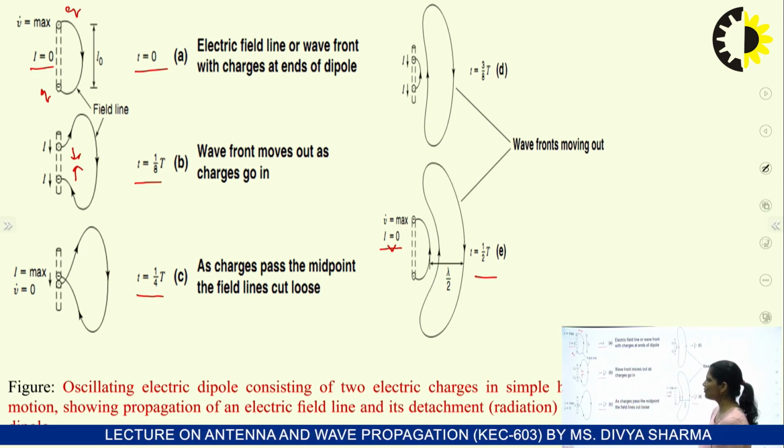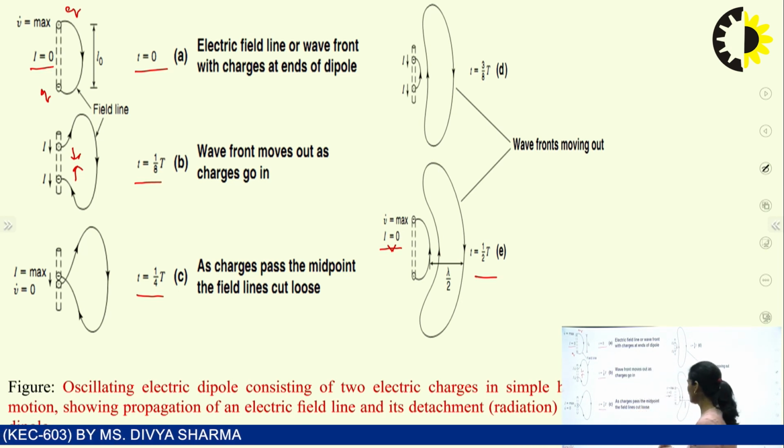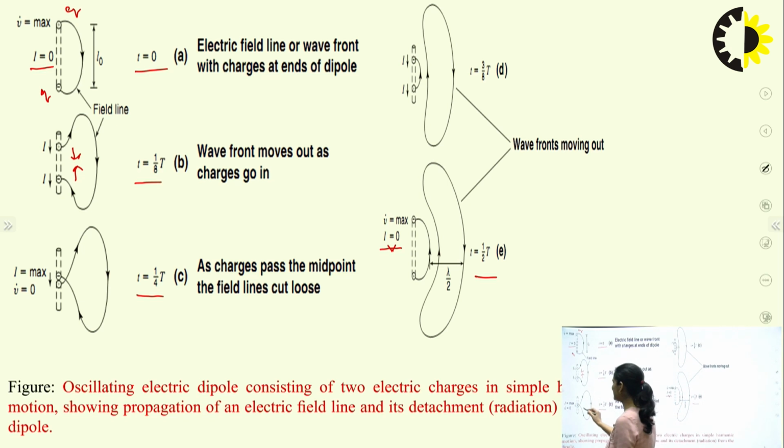It means acceleration or deceleration is minimum and I is maximum. It means the field is detaching from the uniform straight conductor.